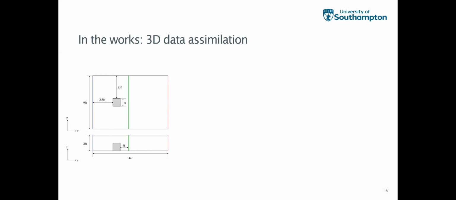Another thing that's in the works is the 3D data assimilation case, which is a simple case of a wall surface mounted cube, which is in fact a tutorial on OpenFOAM. We generated some high fidelity data using detached eddy simulation, and generated a bunch of mean fields using this test case.